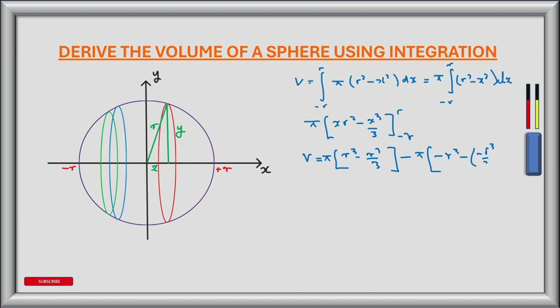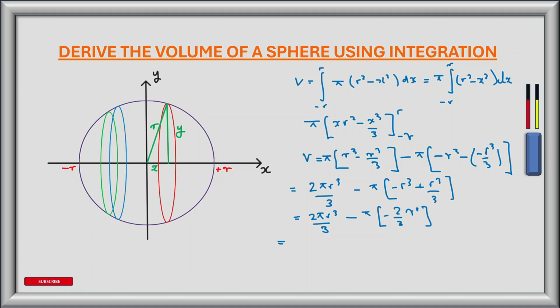So this gives us 2 pi r cubed divided by 3 minus pi multiplied into minus r cubed plus r cubed divided by 3, which in turn gives us 2 pi r cubed divided by 3 minus pi multiplied by minus 2/3 r cubed.